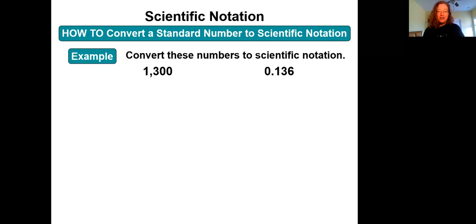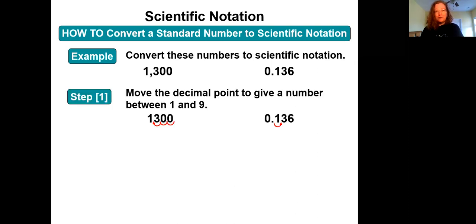That means the zeros at the end will be significant, and we don't start off with zeros in scientific notation. So it's a pretty neat trick. Here's what we're going to do. In both of these problems, we're doing them simultaneously. We move the decimal point to give one number between 1 and 9.